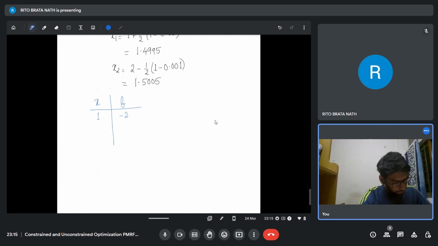Now you have to find out 1.4995 here. It decreases to say minus 2.25 here. So you can find out these values. Here also it is minus 2.25, and at 2 it is again minus 2. So now you can notice this is the decreasing part.